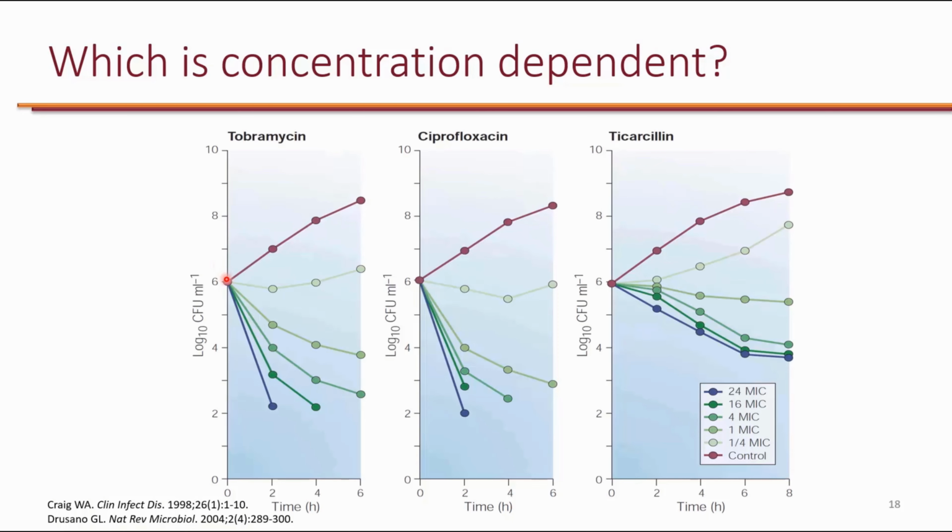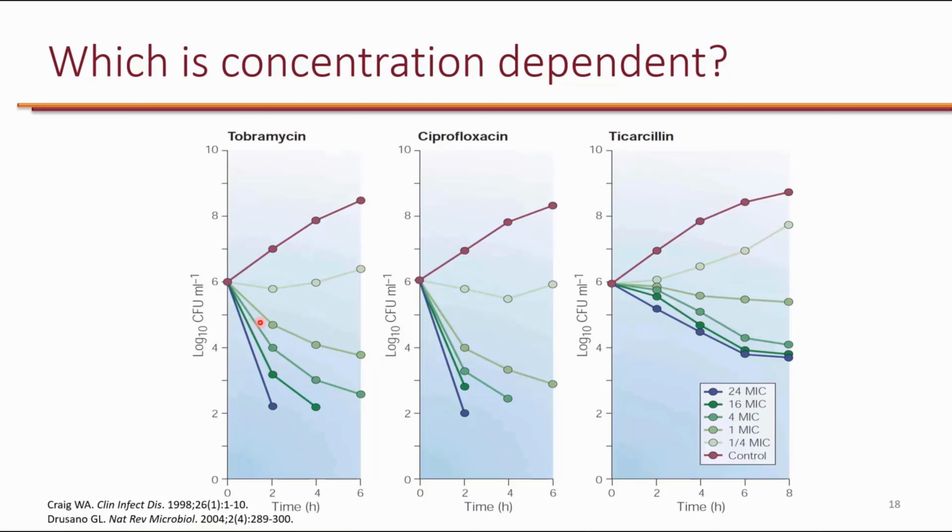So for example, on the left hand side, we're looking at the antibiotic tobramycin. So if we give a quarter of the MIC, as time goes on, you can see that the growth of bacteria slows down but doesn't completely prohibit it. Now if we gave exactly the MIC concentration, as you can see, as time goes on, bacteria start to die. So the colony forming units start to drop.